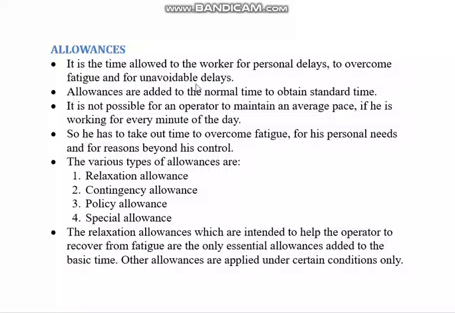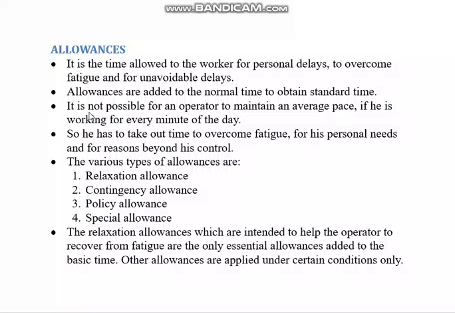Any of these reasons can be why a little extra time is given to him over and above what is required to machine, manufacture or assemble the component. Allowances are added to the normal time to obtain standard time. Sometimes we call this normal time the basic time. So normal time plus allowances is equal to standard time.